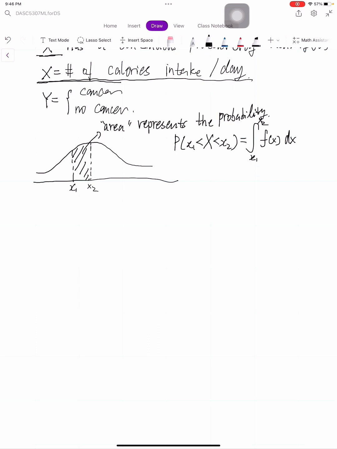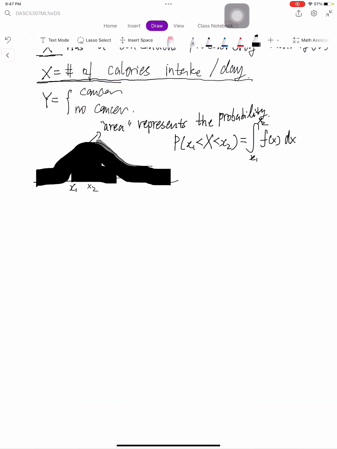Of course, if you do the integration from negative infinity to positive infinity, we get the total area, which should give probability equal to 1. So if you have a well-defined density function, the integration should give you the value 1.